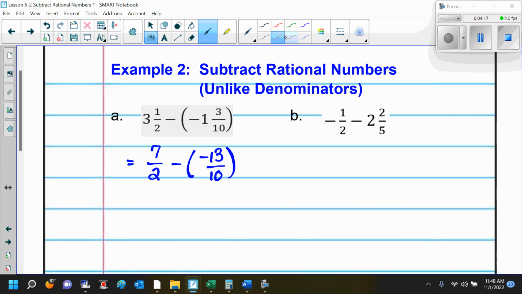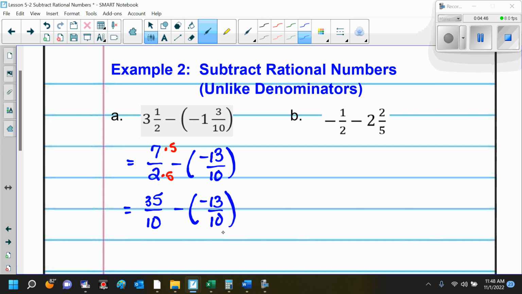So they can both be divided into 10. The common denominator is 10. So we're going to multiply times 5 times 5. So there we end up with 35 tenths minus a negative 13 tenths.